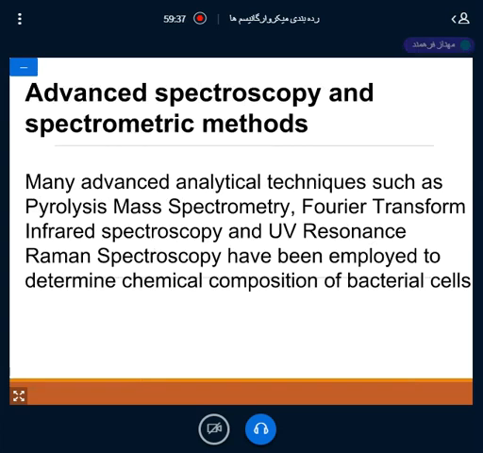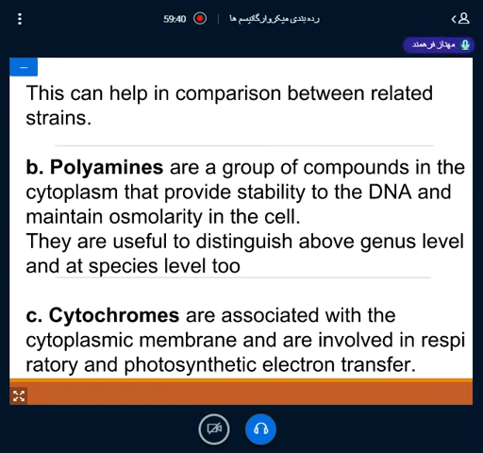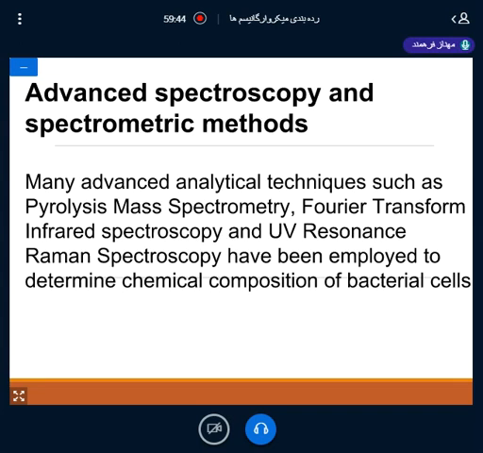Okay, we were reading about phenotypic and polyphasic taxonomy, and advanced spectroscopic and spectrometric methods are other techniques for phenotypic methods.